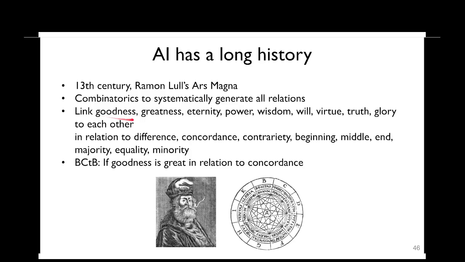things like goodness, greatness, eternity, power, wisdom, will, virtue, truth, glory. And the relations that they could engage in were difference, concordance, contrariety, beginning, middle, end, majority, equality, minority. Then he built combinations like this one over here, which corresponded to the question of whether goodness is great in relation to concordance.